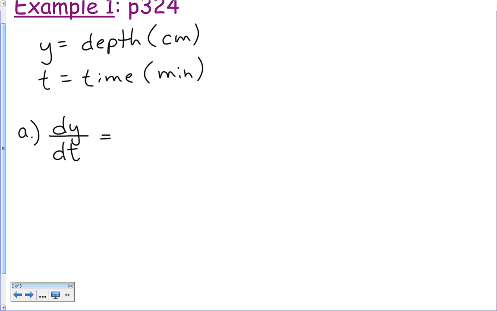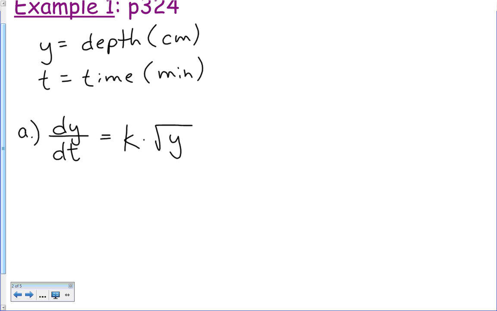So directly means we're multiplying by something. Proportional means it's some constant times some other value. So it's going to be constant k times some value. Directly proportional to the square root of y. So we're multiplying by the square root of y. Okay, so there's our differential equation.